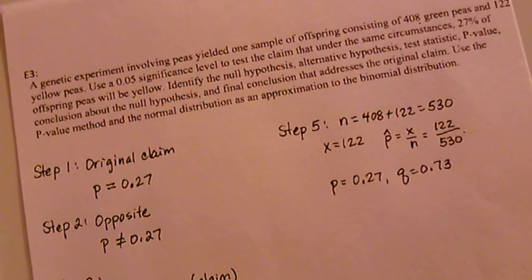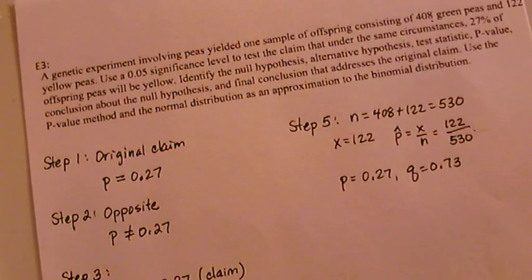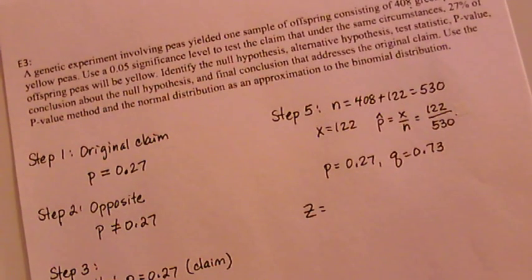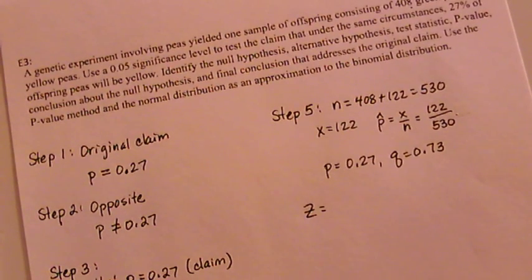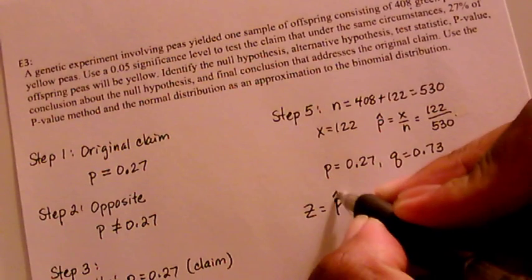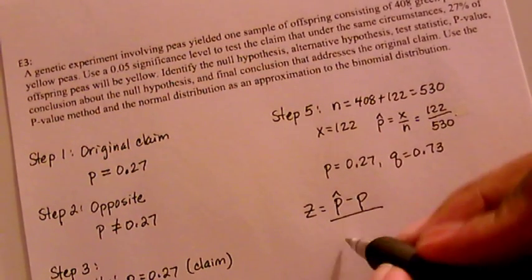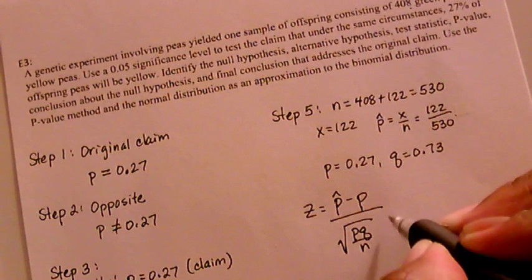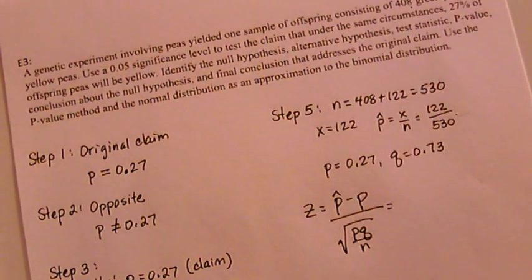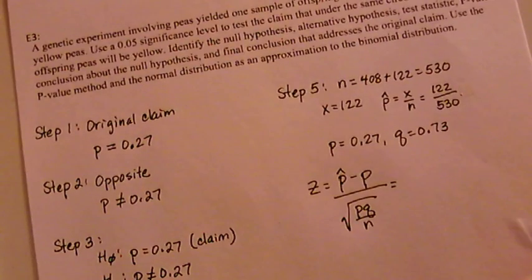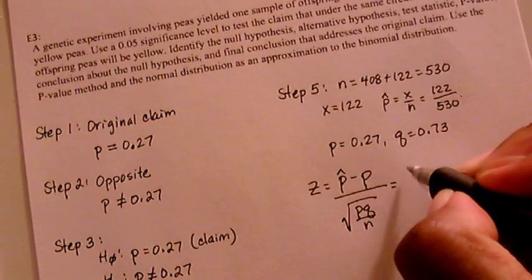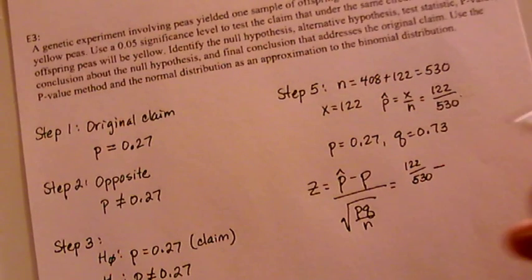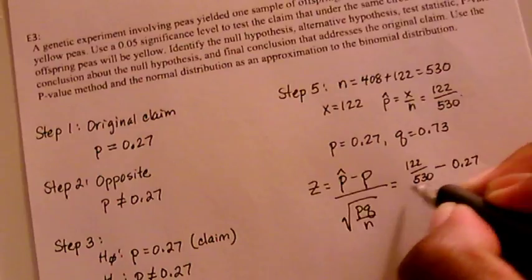Q is always 1 minus P. So in this case here, we use that formula, that test statistic for a population proportion, which is Z is equal to P hat minus P divided by the square root of P times Q over N. And in this case here, P hat was 122 over 530 minus P, which is 0.27.